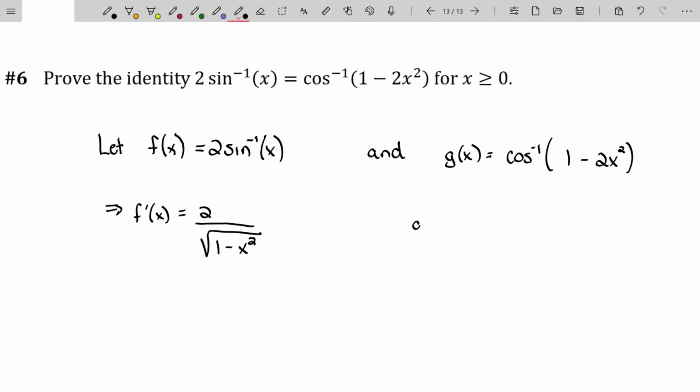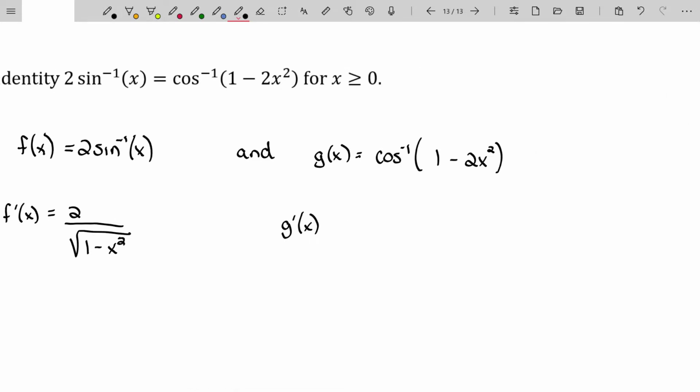And g prime of x, if you don't remember the derivative of the cosine inverse, it's a negative derivative of the sine inverse. So it's going to be a negative 1 over the square root of 1 minus the argument of the cosine inverse squared, 1 minus (2x squared) squared.